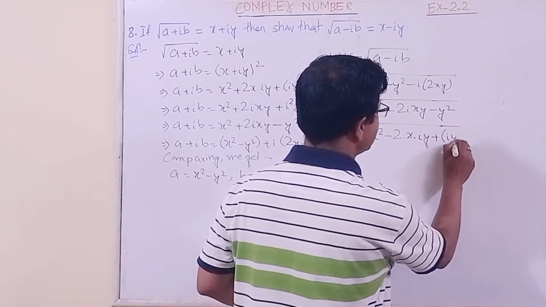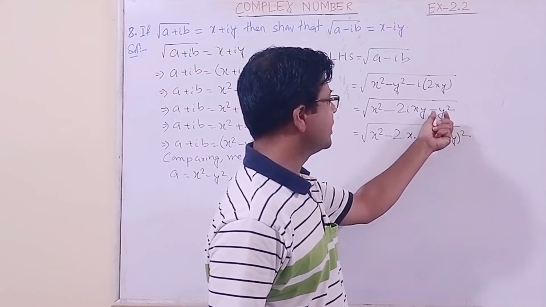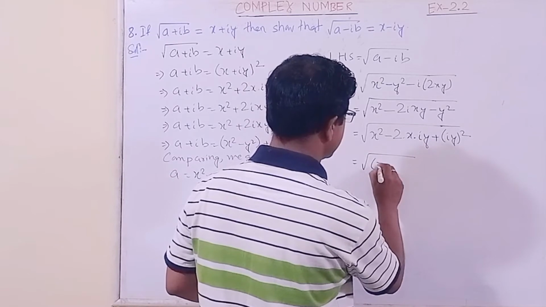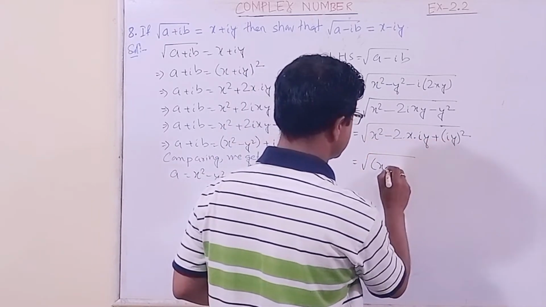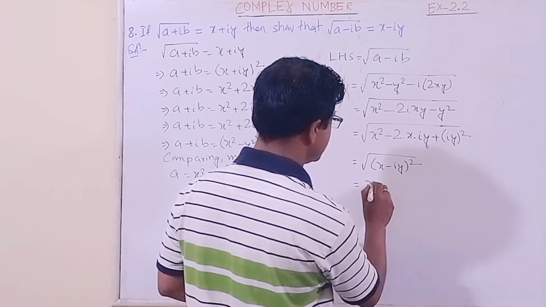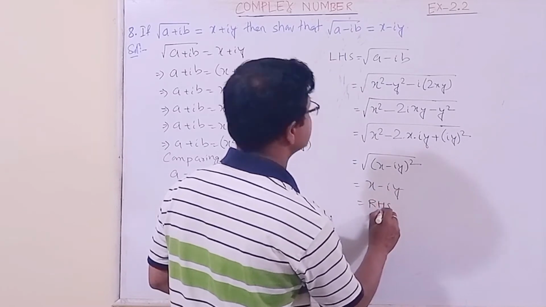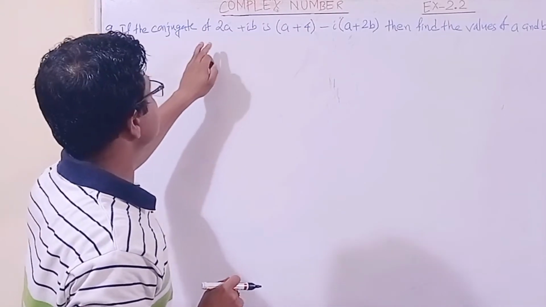If we write iy whole square, it will be, because i square is minus 1, so minus y square. Then how much will it be? x, this is of the form a square minus twice ab plus b square, so a minus b whole square. So if we take square root, how much will it be? x minus iy, this is the right hand side. Thus we have proved it.